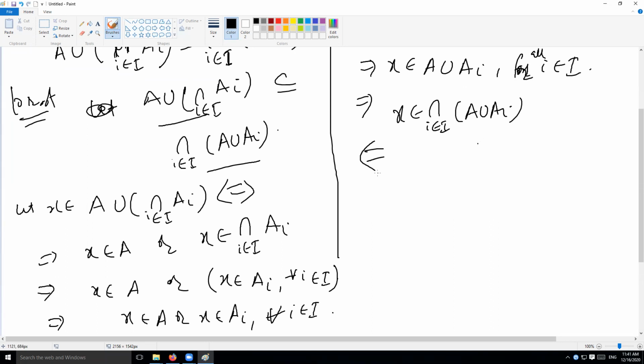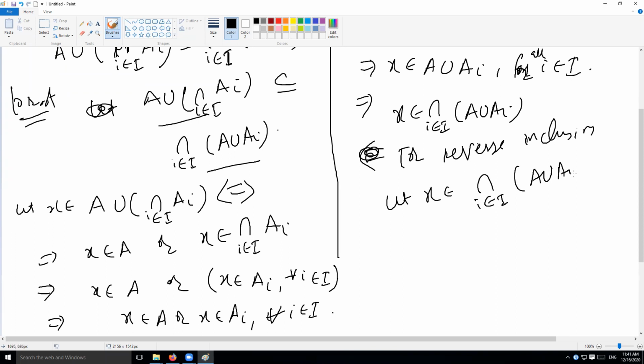And the converse is going to be for the reverse inclusion. For the reverse inclusion, let's pick an x from this intersection, i belongs to I, of A union A_i. Okay? So what does it mean?